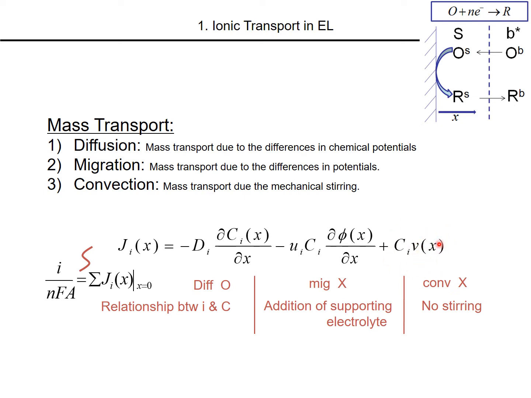As you know, for electroanalysis, usually we try to suppress the second and third terms. So usually diffusion is used as the main driving force for making the current.